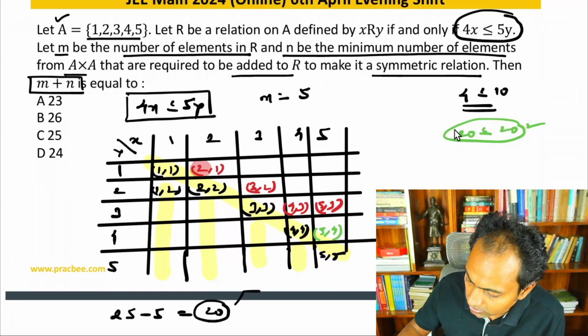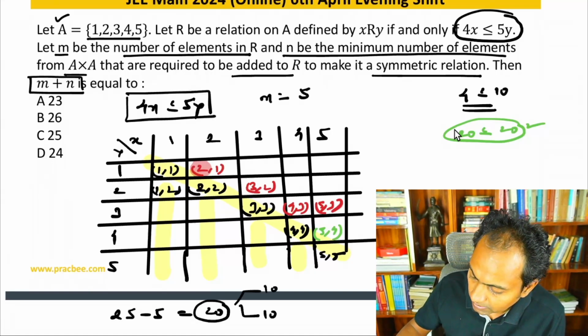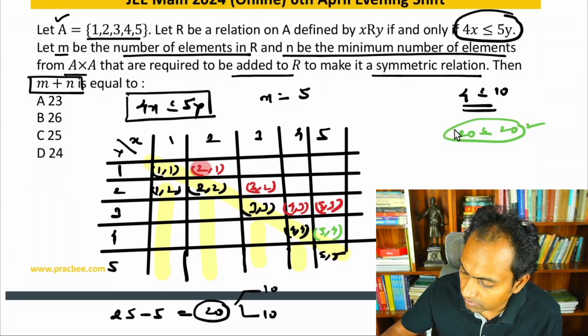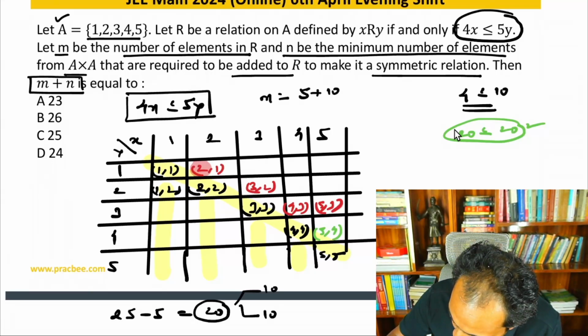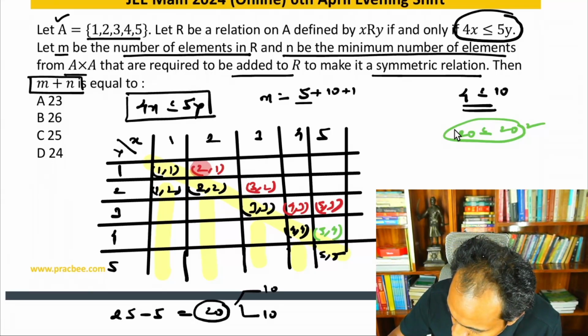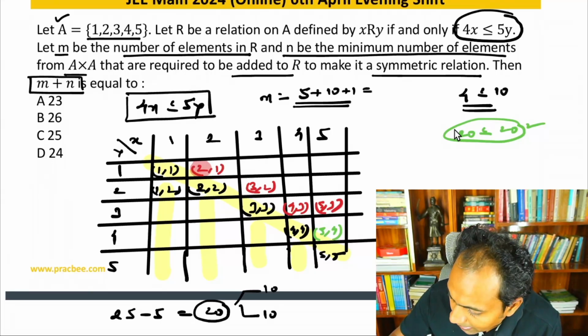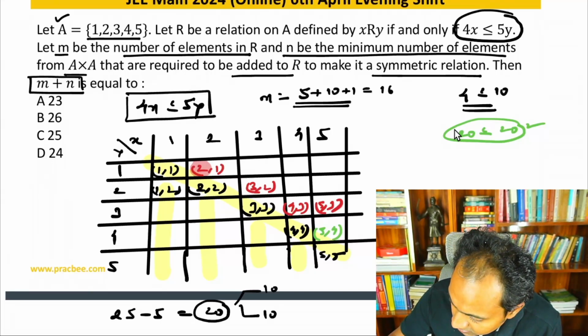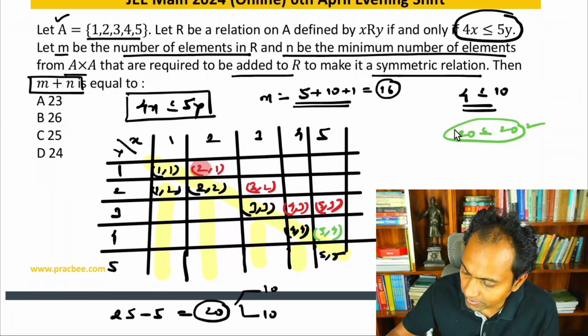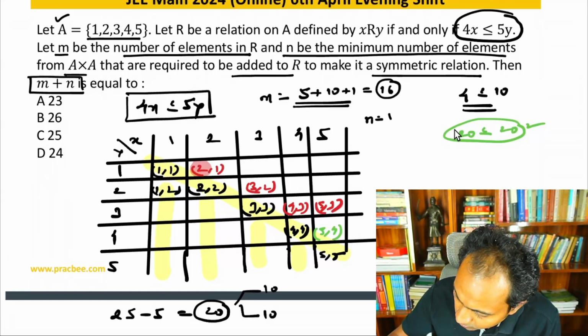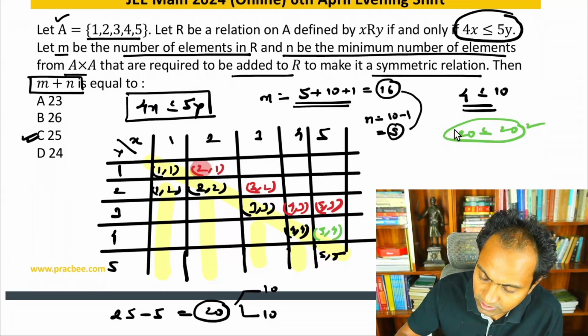So 10 are below the diagonal, 10 are above the diagonal. So all the diagonal values and below the diagonal are satisfying, plus 1 above the diagonal is also satisfying. So if you add it up, this becomes nothing but 16. And if I want to find the value of n, it is above the diagonal minus 1. So 10 minus 1, this becomes 9. If you add m and n, it will become 25, hence option C satisfies.